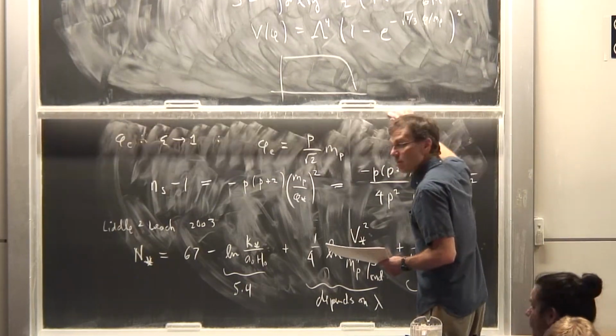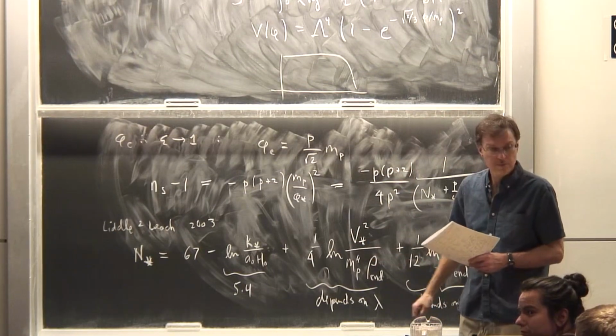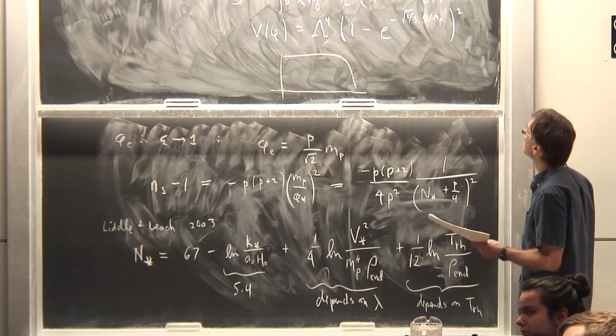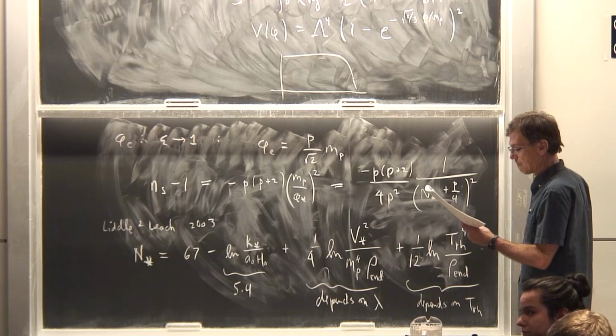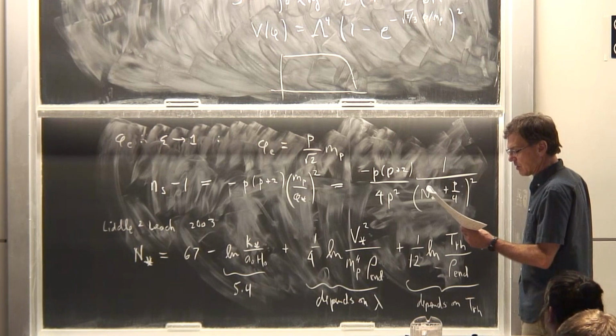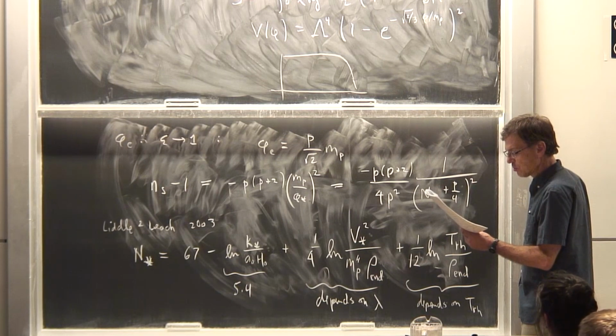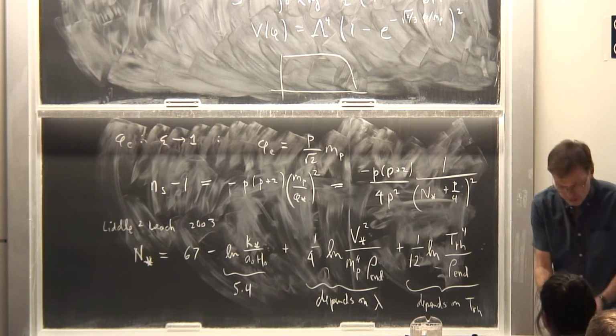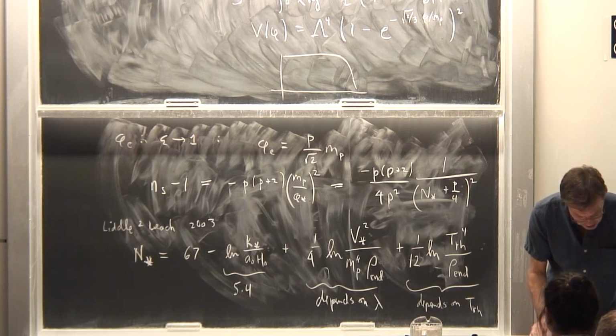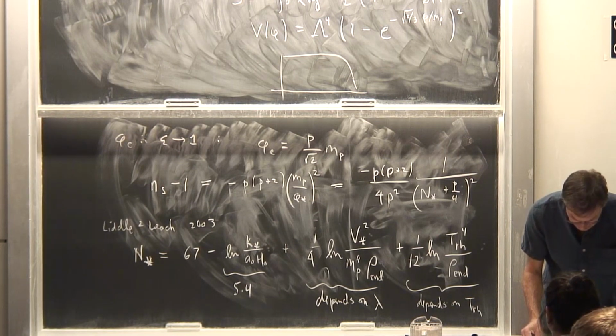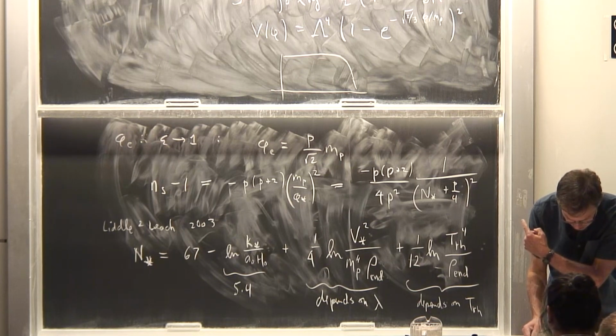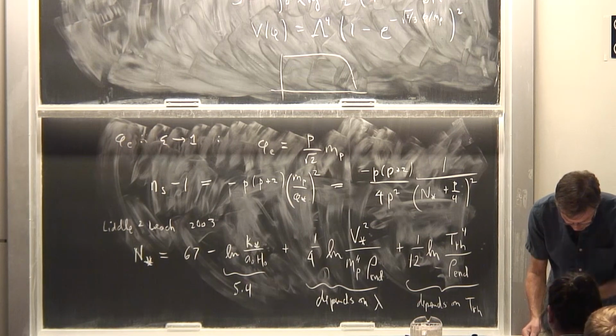And then, yes? The scale m, shall I think of that as like having a lower bound on Hubble, or it can be bigger than Hubble? Let's see. I forget how big that scale m was supposed to be. At the very end of my notes, I explain how you do this.